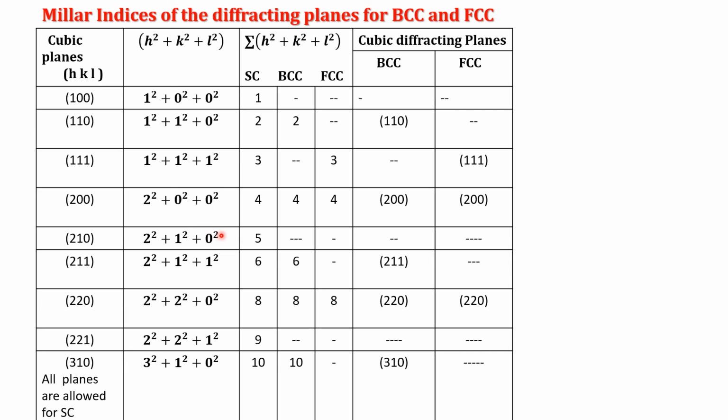Here all are even. Therefore that plane is allowed. In that way, we first calculate which planes come under BCC as well as FCC. Since all are allowed under simple cubic, the resulting pattern tells us whether it is a simple cubic, BCC or FCC crystal structure.